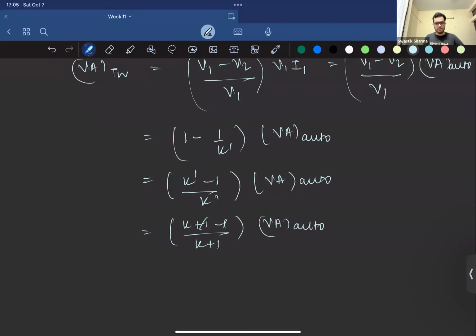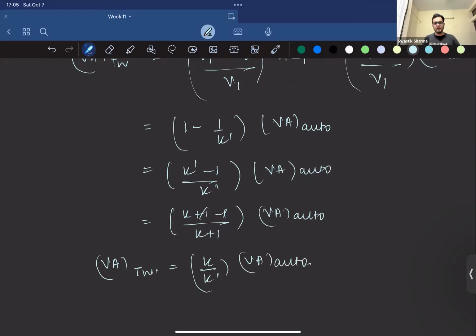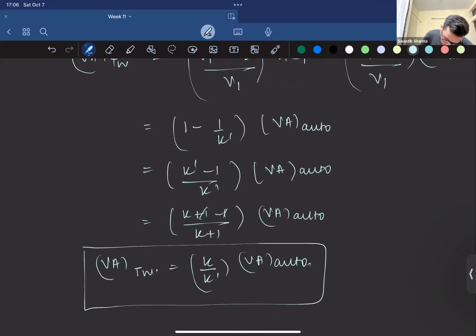So it can be written like this. So that's how you manipulate. That's how you get from an equivalent two winding transformer the parameters for that of the auto transformer.